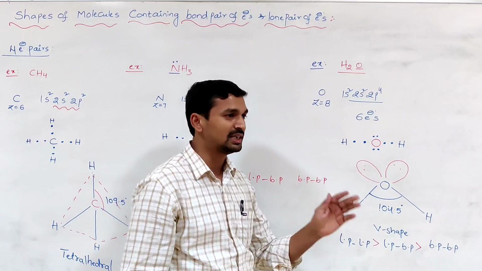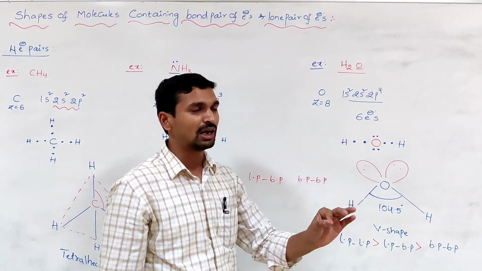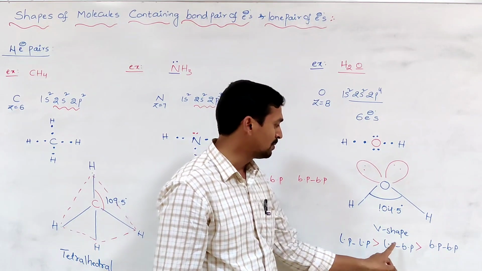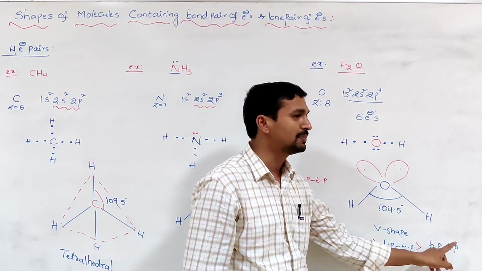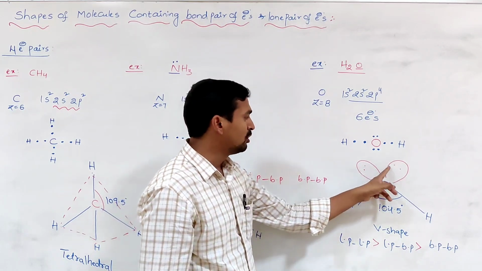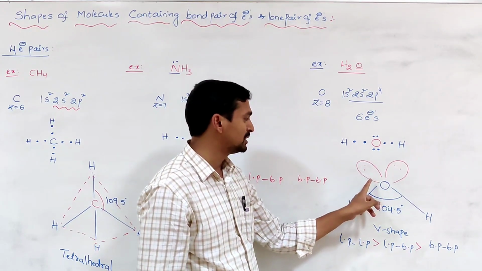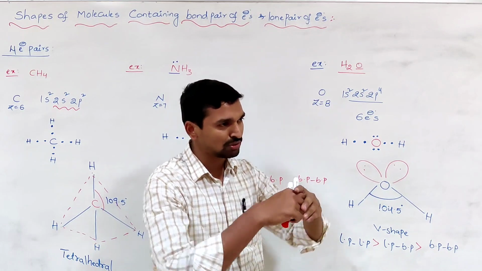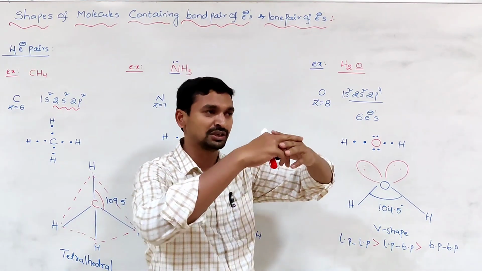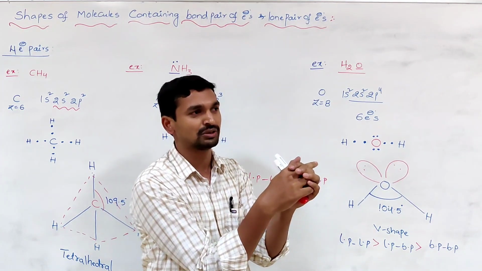So in the water molecule, the bond angle decreases from 109.5 to 104.5 degrees. The reason is that in the water molecule, the three repulsions exist: lone pair lone pair, lone pair bond pair, and bond pair bond pair repulsions. The lone pair repulsions always push the bond pairs of electrons close together. The lone pair bond pair repulsions also push the bond pairs close together.